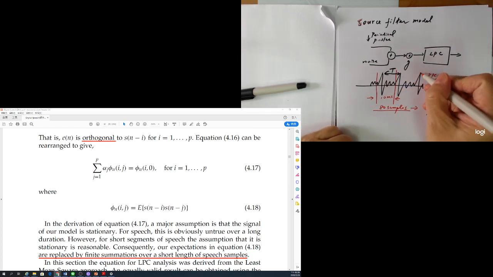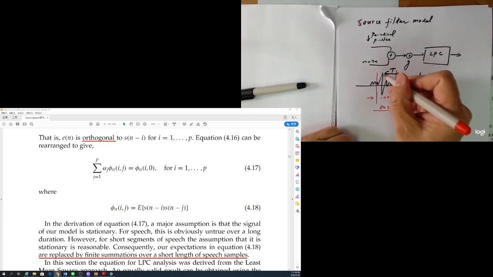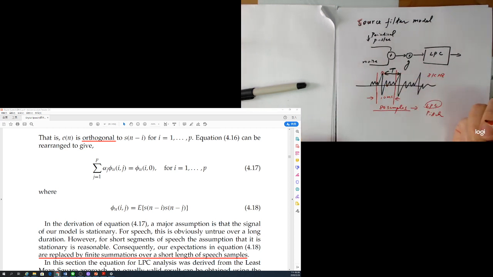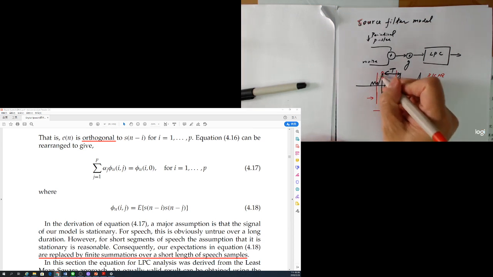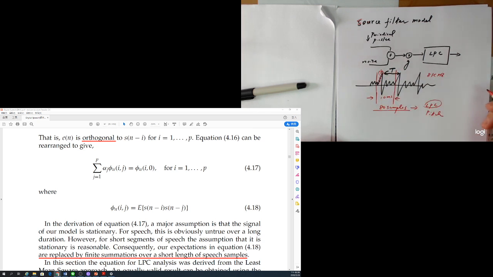LPC indicates, for example, that this point will use its neighboring signal to do the linear interpolation. So according to the neighboring signal, they do a linear combination to predict this point. So we call it linear prediction coding.